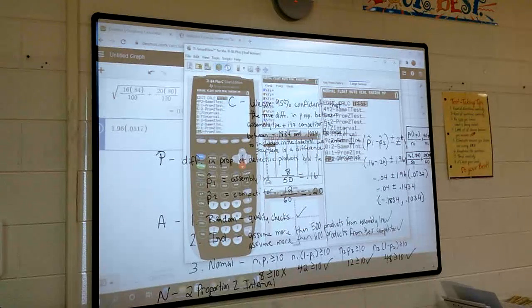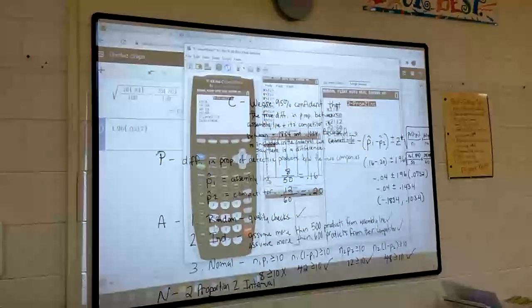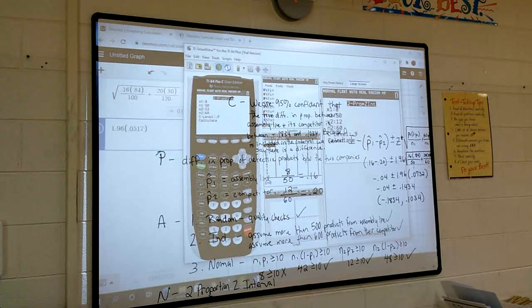So again, if it's the same proportion, then it wouldn't be 8 out of 100, right? It would be 16 out of 100, and 24 out of 120. Everybody see why I doubled that? And the confidence level would be 0.95.